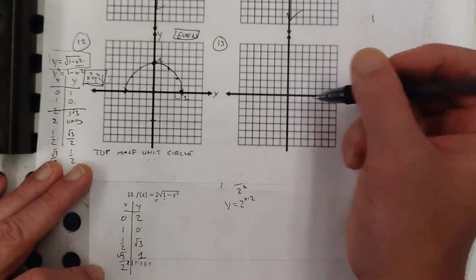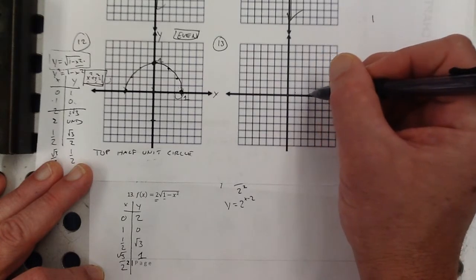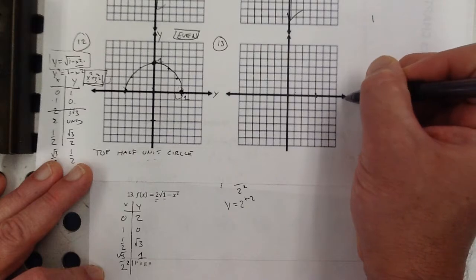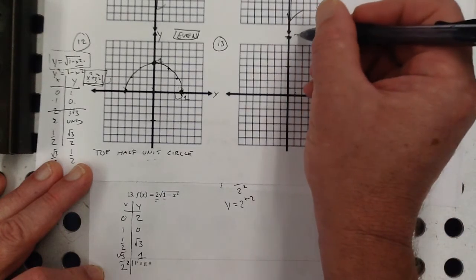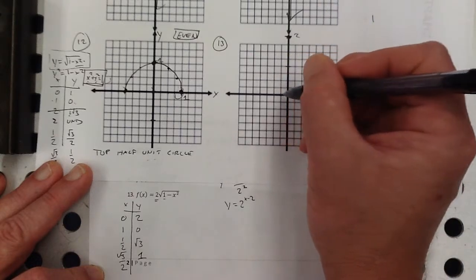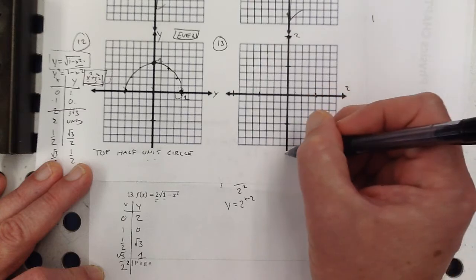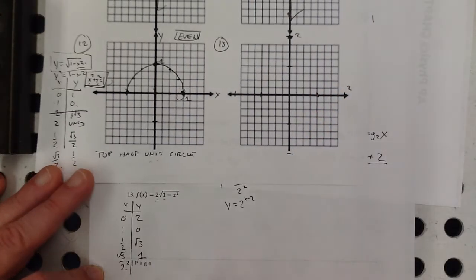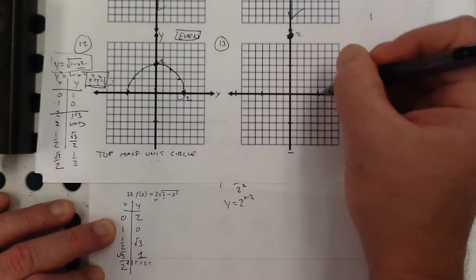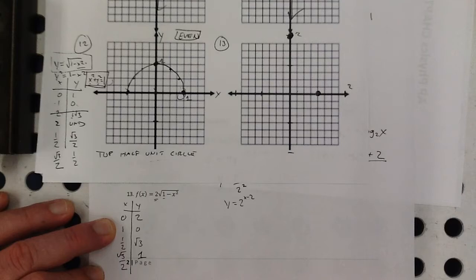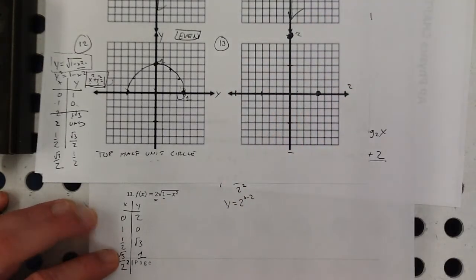So 0, let's see how I'm going to scale this. I guess I'll do the same scaling. I'll do 1, 2, 3. I'll make this 1, and then 2 would be here. This would be 1, and 2 is just a little off the graph there, but I think we can handle that. Alright, so 0, 2. I get a point there, and then 1, 0. Okay, so it's not a circle because that's not symmetric enough.